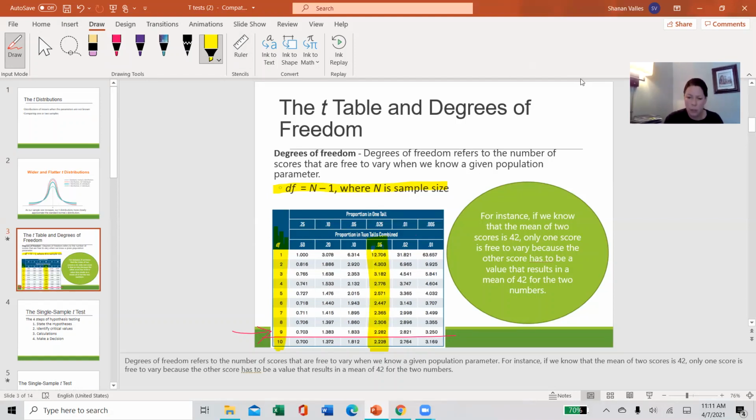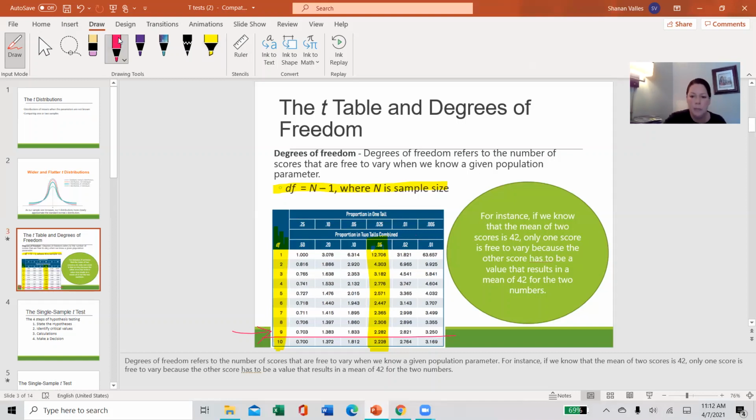Yesterday, we had a question about, would we ever use any other alpha levels? Yes. If you are going on to UTEP and you're going to go into general experimental, they might want to mix it up on you a little bit. They might tell you use a two-tailed at the 0.01.